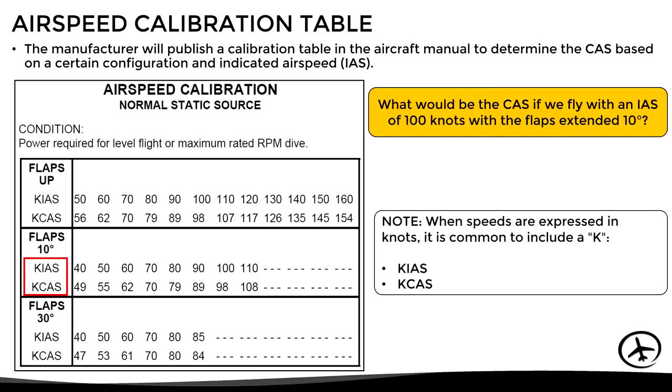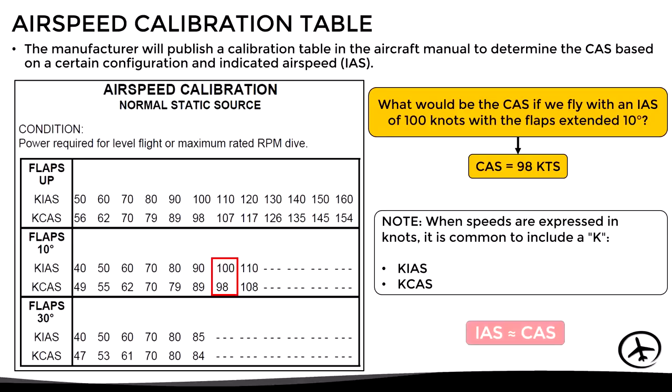Here, as a side note, when speeds are expressed in knots, it is common to include a K before the speed term. Now, in the table we just have to look for 100 knots of indicated airspeed, and then read the corresponding calibrated airspeed of 98 knots. As we can see, the difference between the indicated and calibrated airspeeds is quite small, therefore in practice, it is common to assume that the indicated and calibrated airspeed are roughly equal.